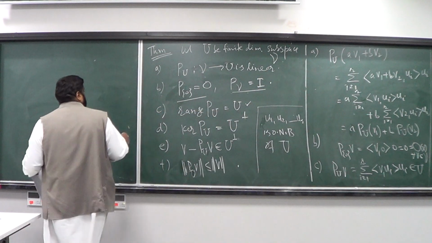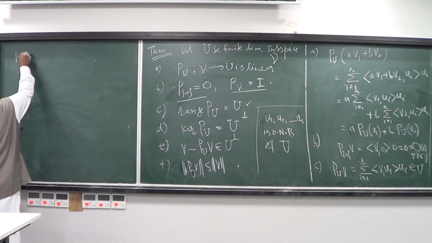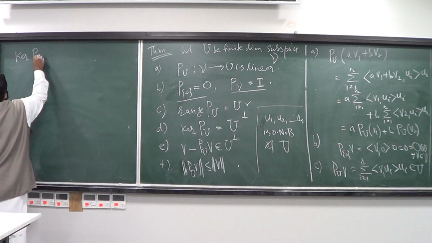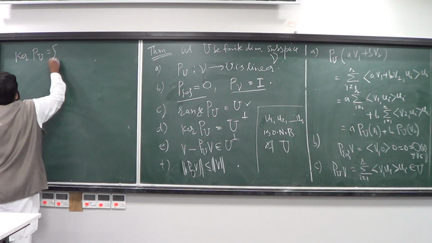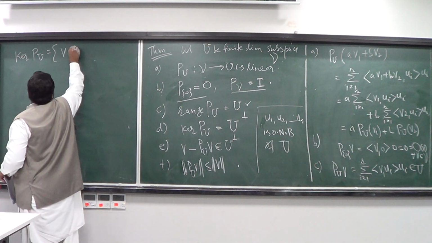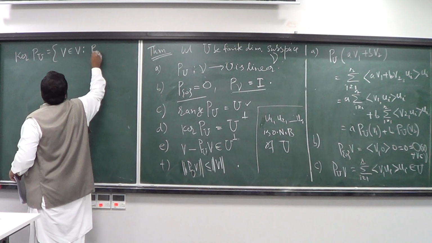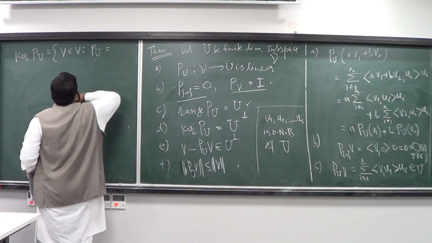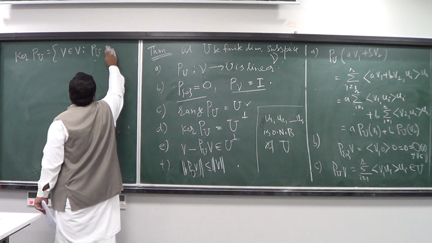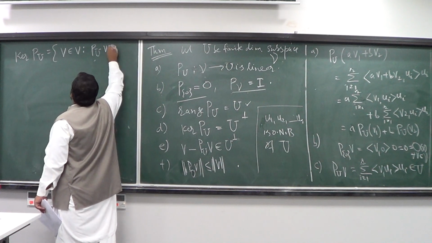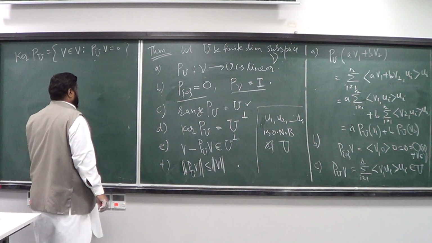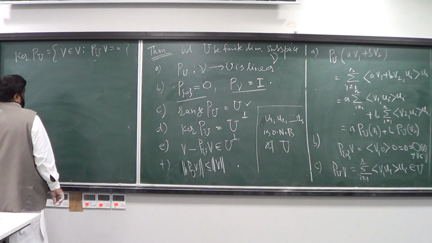So the kernel of this map P_U is going to be the collection of the vectors from V for which P_U operated onto V is equal to 0. Okay, this is what is really the case.